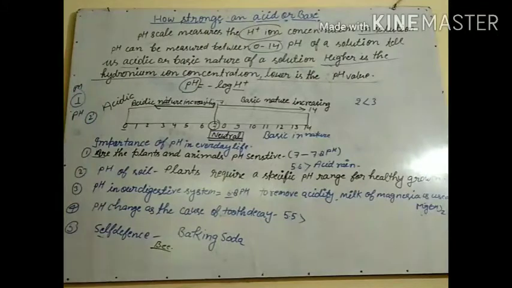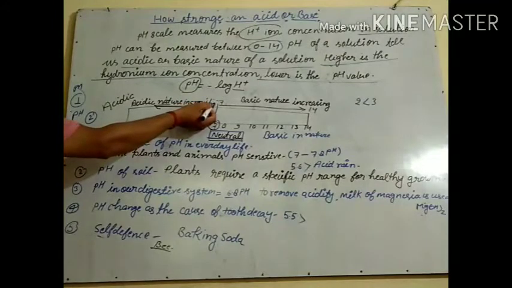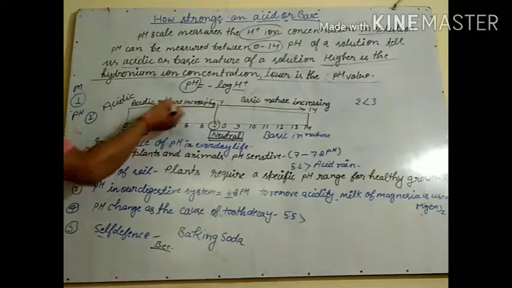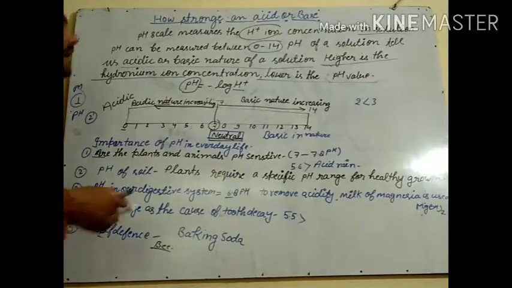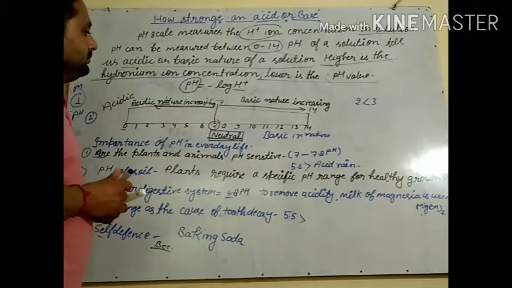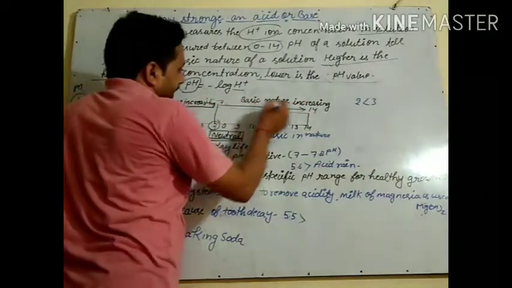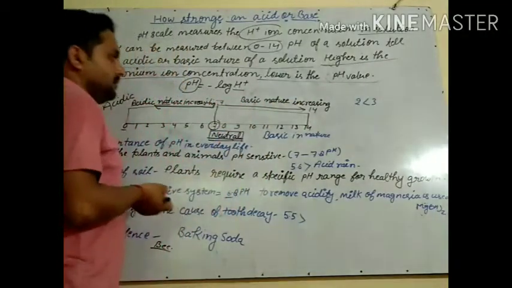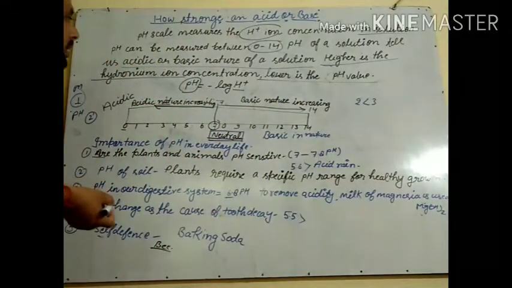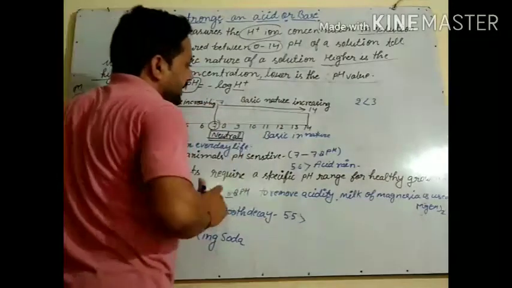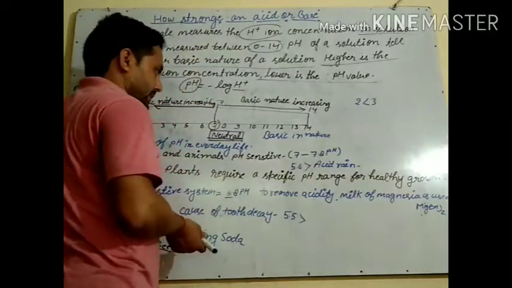The solution which has pH value 1 is stronger than 2, because in this direction acidic nature increases, and in the other direction basic nature increases. So a solution with higher pH between 7 to 14 is more basic.